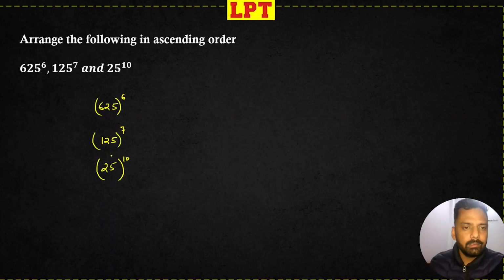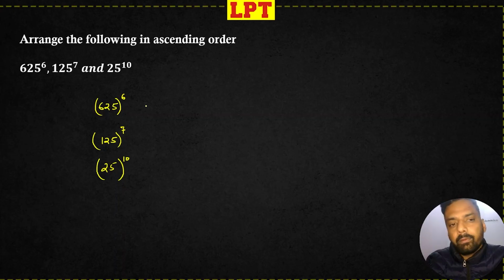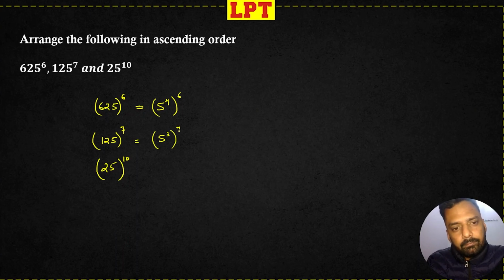I have to compare these fractions and arrange them in ascending order. So clearly all three are in the power of 5. 625 is 5 to the power 4, right? And this 6 is there. 125 is 5 to the power 3, 7 is there. 25 is 5 square and it is 10.